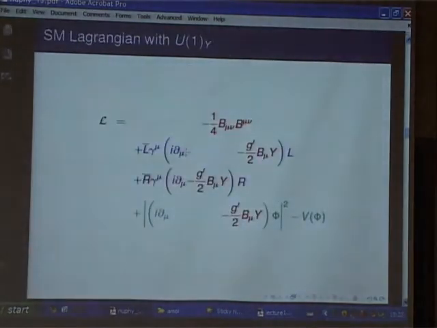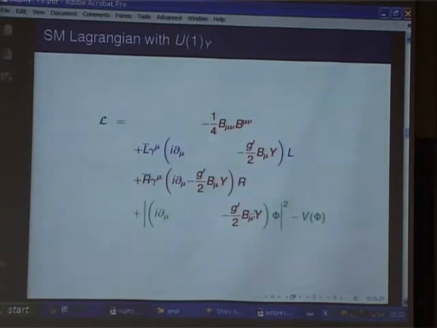All the derivatives earlier have simply gone to del mu minus something. But I can make it more specific because I know what the Y values of things are and so on. So I can look at this Lagrangian and say that I have introduced the weak hypercharge. That's all it does.